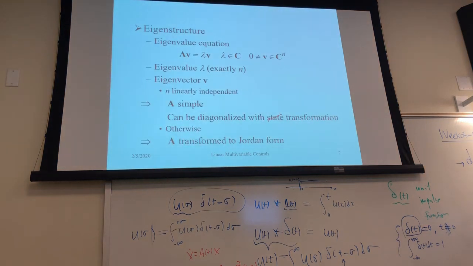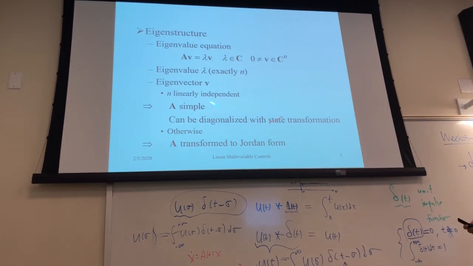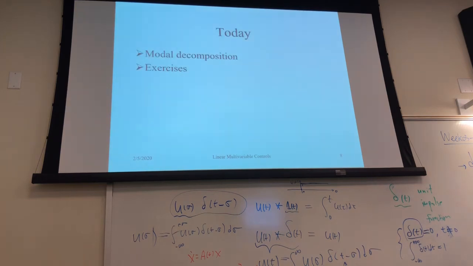So here we summarize eigenvector and eigenvalue. We talk about A matrix could be simple. If A is n by n and it has n linearly independent eigenvectors, then we call A simple and A is diagonalizable. If it's diagonalizable, it's simple. But otherwise, in general, it should be transformed into Jordan form. So why do we even learn that?